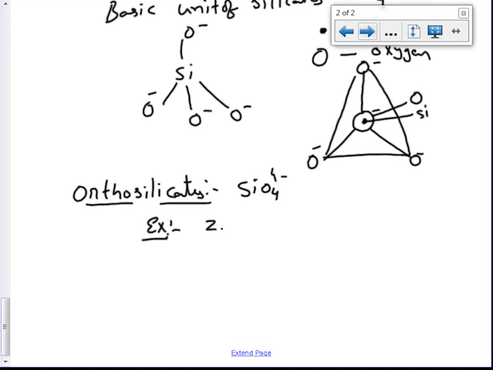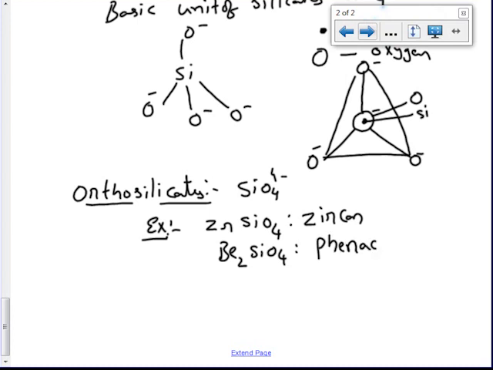If I replace with zirconium, ZrSiO4, the name of this silicate is zircon. If I write beryllium, a group 2 element, for which four bonds are required, Be2SiO4, the name of this compound is phenacite.